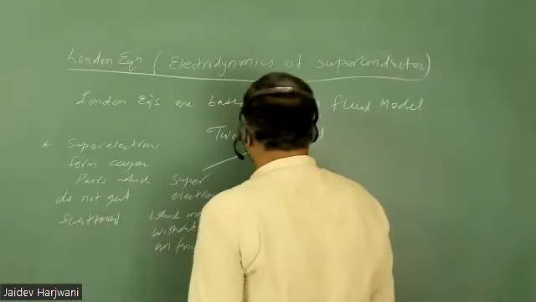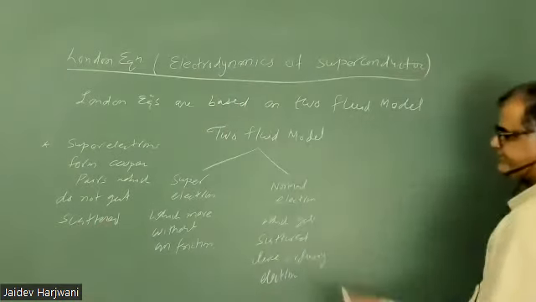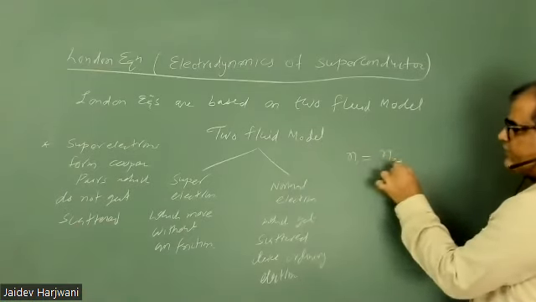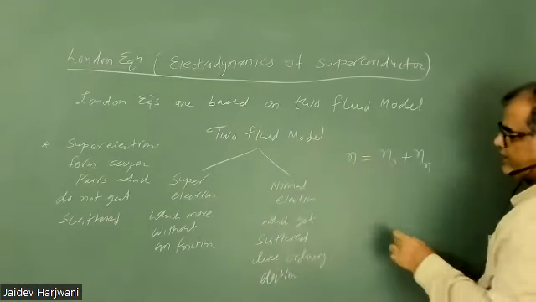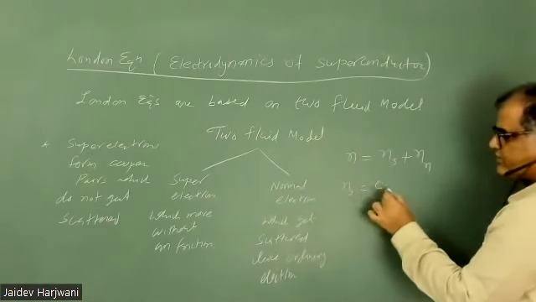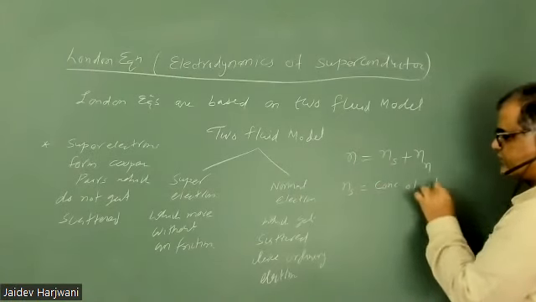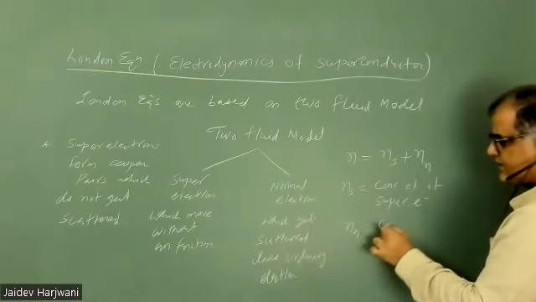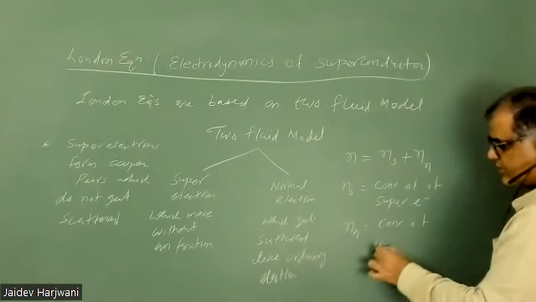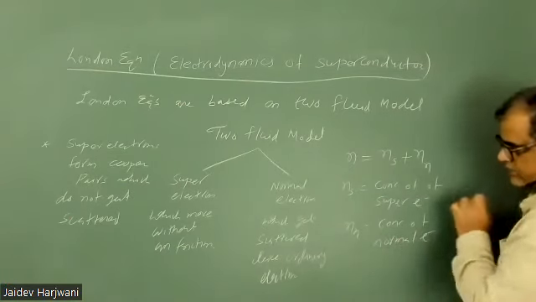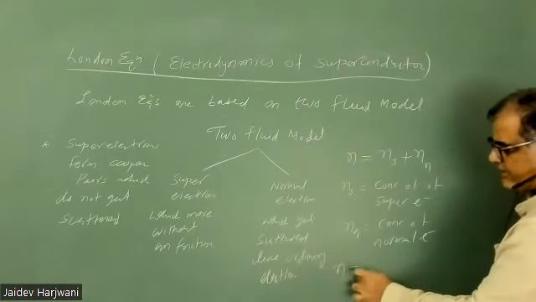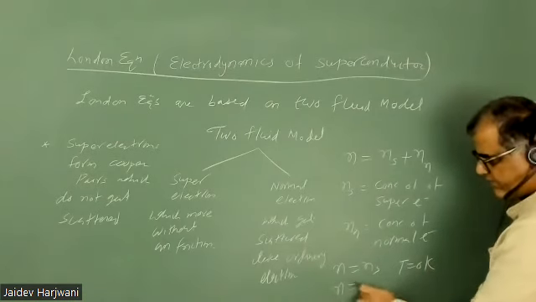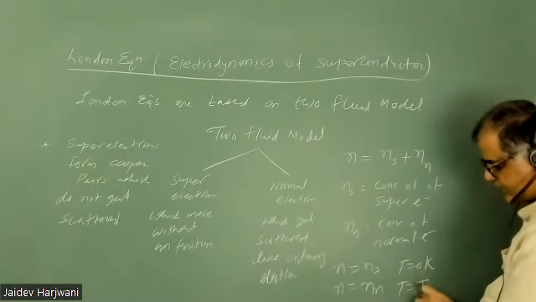So the carrier concentration N equals Ns plus Nn, where Ns is the carrier concentration of super electrons and Nn is the concentration of normal electrons. N becomes Ns when T is equal to 0 Kelvin, and N becomes Nn when T equals Tc.